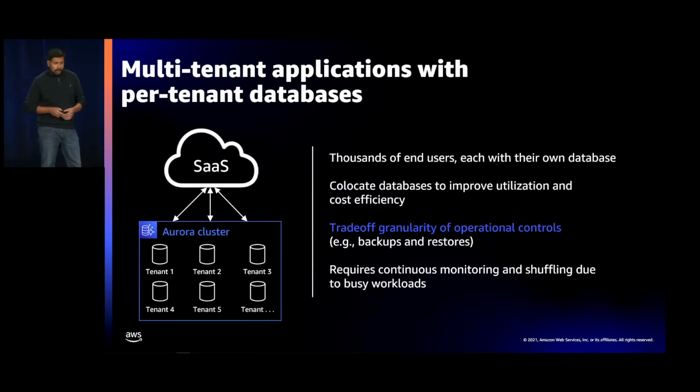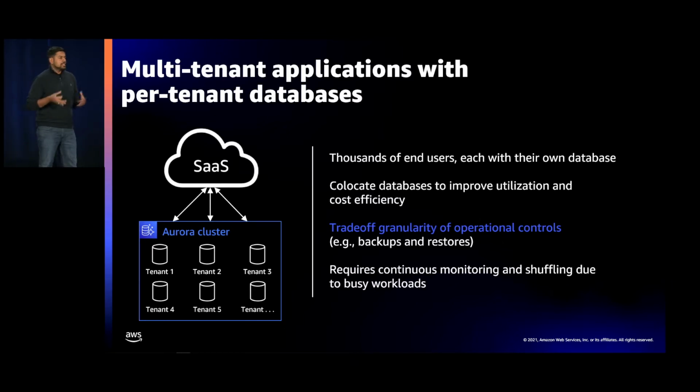So the first one I'm going to talk about is software as a service, SaaS applications. In these applications, they tend to have thousands, sometimes hundreds of thousands of end users. And these end users could have their own little databases. Now, operating these thousands of databases is cumbersome.